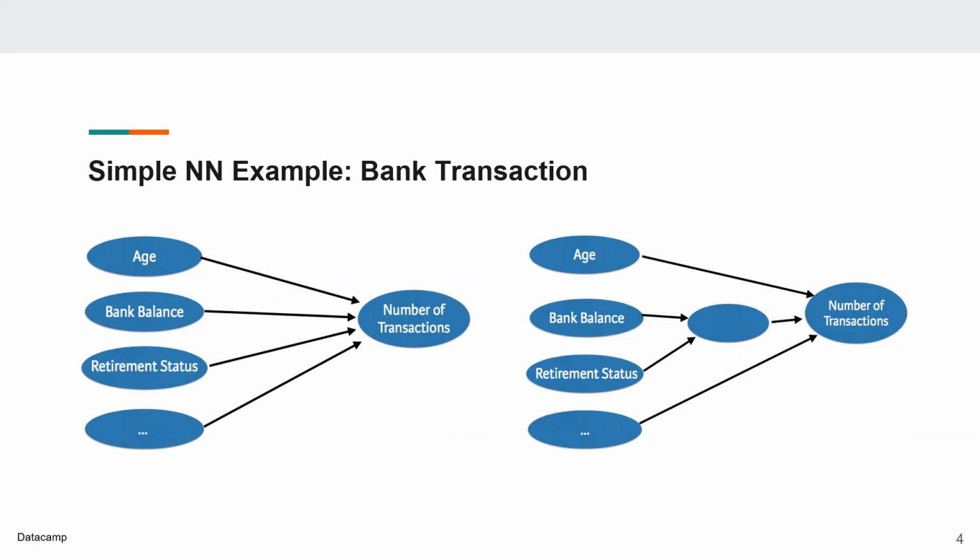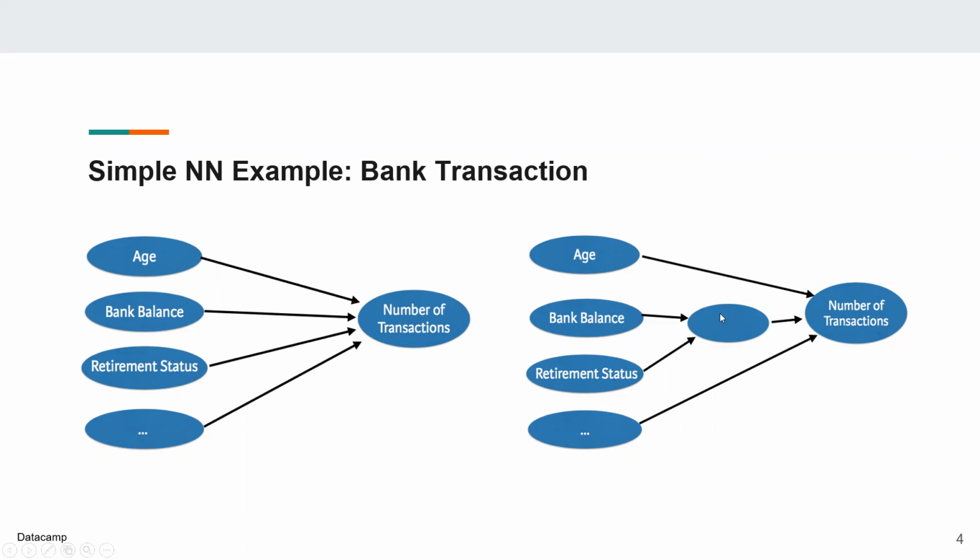But on the right, things are a little bit more complicated, where it depends on the combination of the bank balance and retirement status. You can come back with an intermediary result, which essentially is this node.